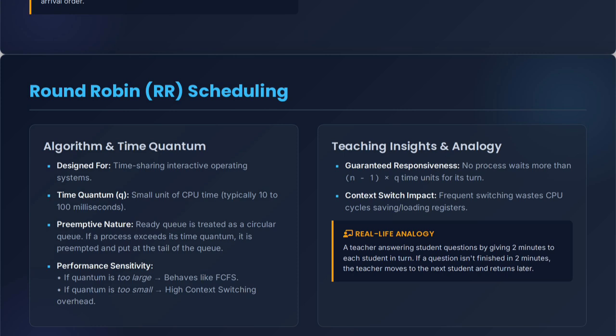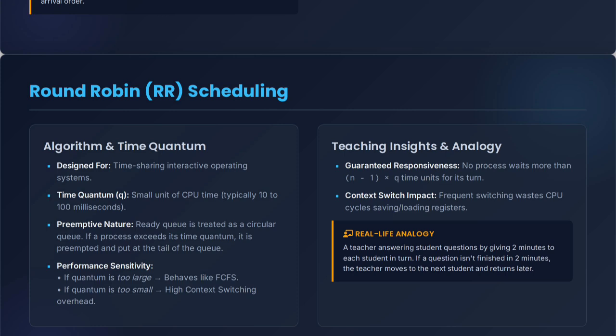The advantages are fair allocation of CPU time and good response time for interactive applications. The disadvantage is that if the time quantum is too small, there is excessive context switching and overhead, which reduces system efficiency.